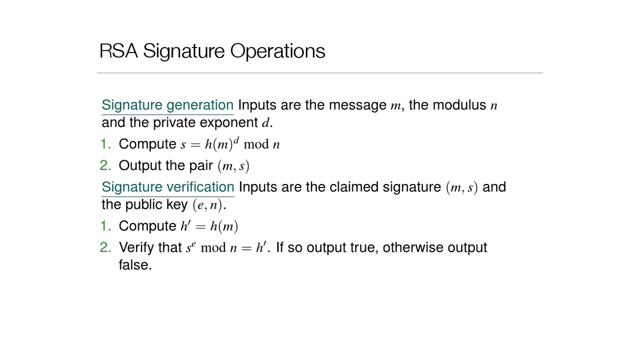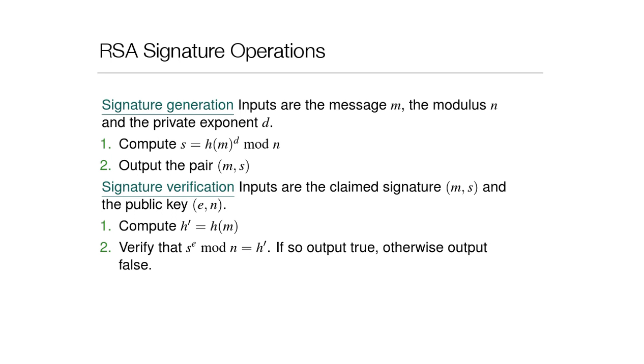Signature verification: in there, both the M and S values are used, and the public key E value is going to be the verification key, and the modulus N is used as a parameter.